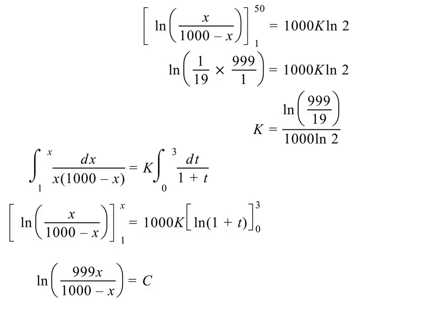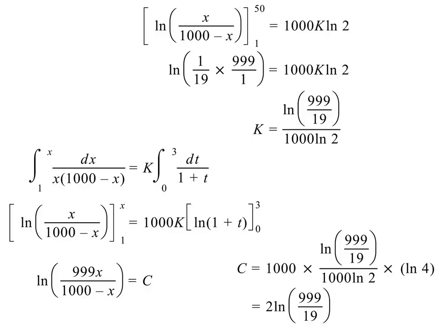Now, that constant value, if I do the calculation, is going to be 1,000k, k is what we just worked out over here, times, subbing into that, I'll get the log of 4. So that's 2 log 999 on 19. All right, we now know what our constant here is.